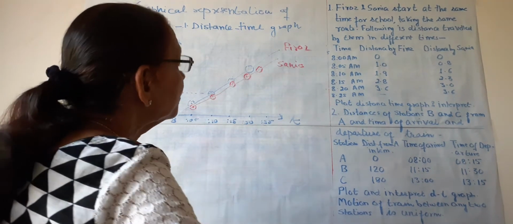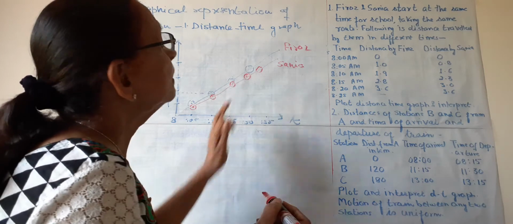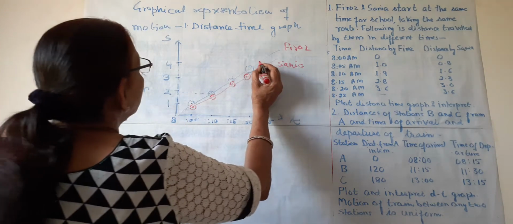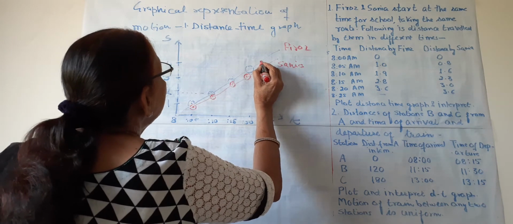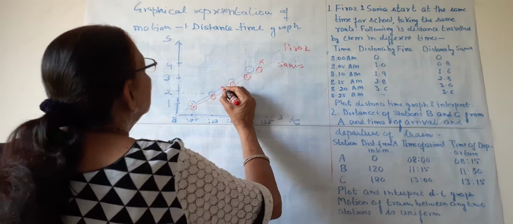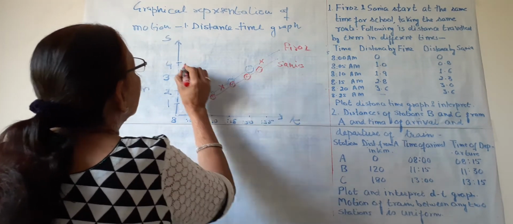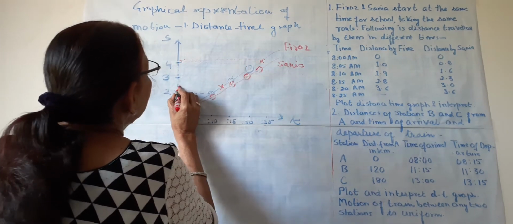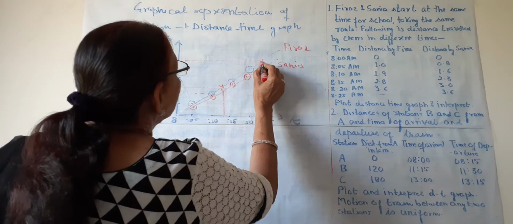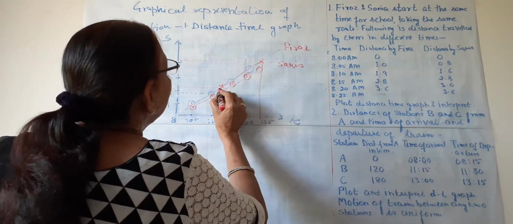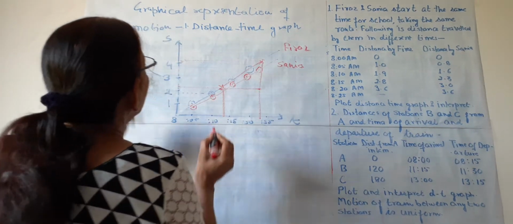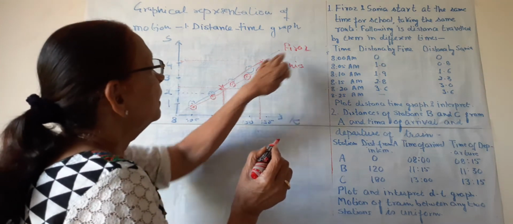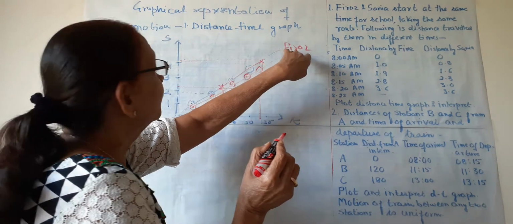We can also calculate their speed. Suppose we want to calculate the speed of Firoz, you take any 2 points on this graph line. Draw like this, form a triangle like this, and by S2 minus S1 and T2 minus T1 you can calculate the speed of Firoz.